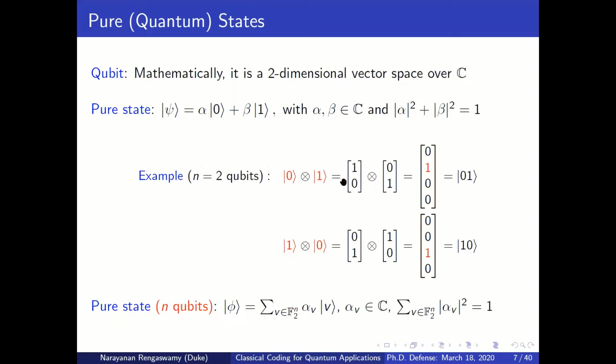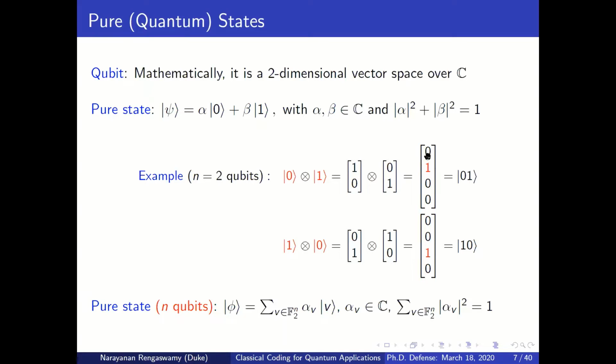Now, we know from linear algebra that for a two-dimensional vector space, the standard basis vectors are these two. And in quantum notation, we call this vector the 0 state and this vector the 1 state. And this represents what's called the Kronecker product. When you take the Kronecker product of these two, you replace this 1 by this 1 times this vector.